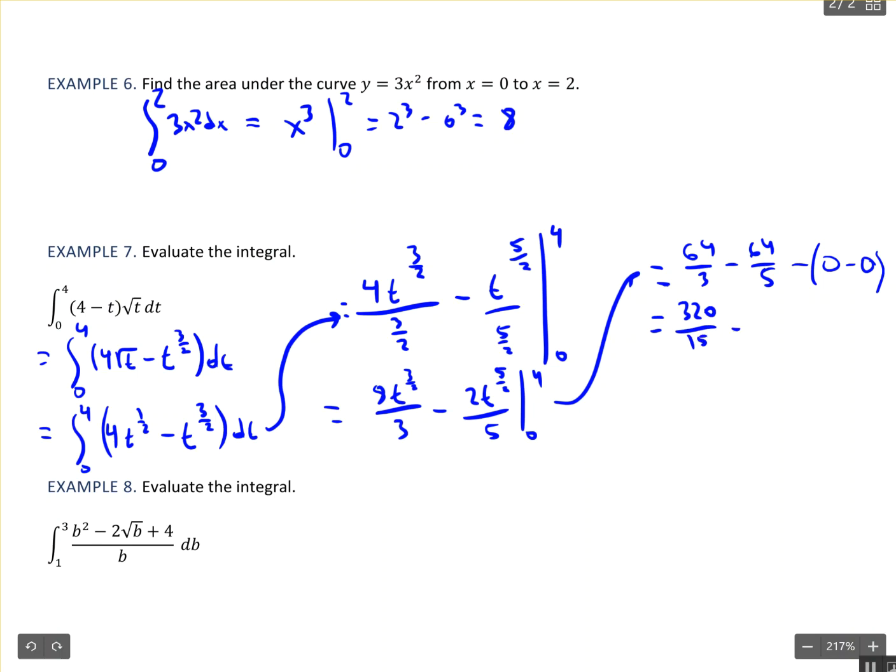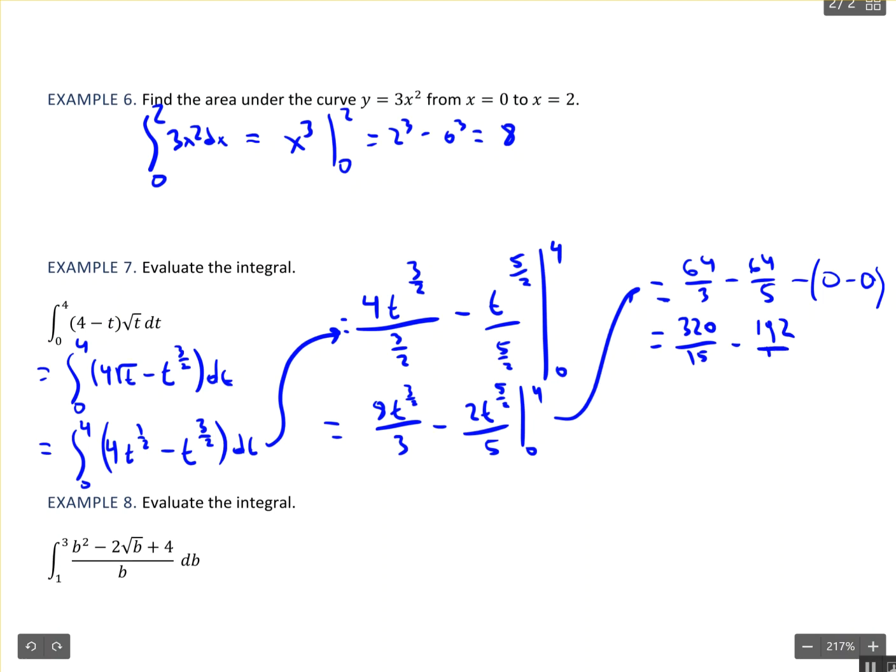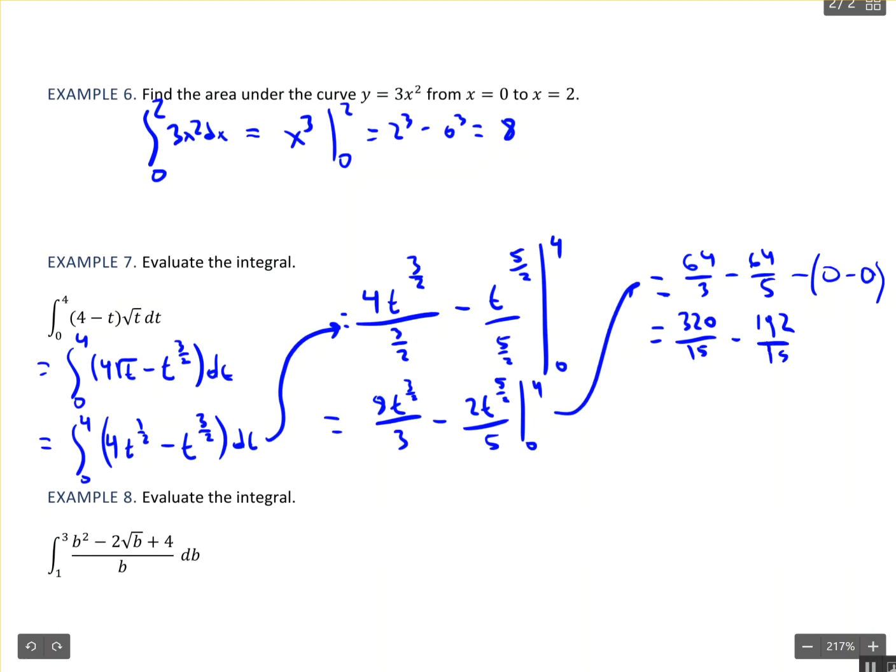This one top and bottom by 3, so 192 over 15. Subtract, I get 128 over 15. And I don't think there's any common factor there. So, no, there isn't. So 128 over 15 is our answer.